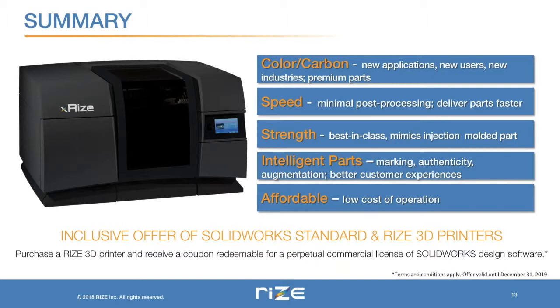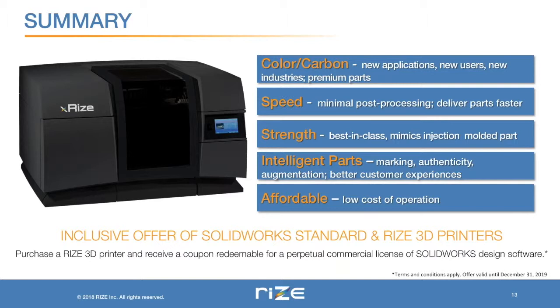Also, the speed offered by our minimal pre and post processing allows parts to be produced and delivered much faster than other technologies. Our strength is quite high, especially compared to other thermoplastic extrusion technologies in the Z-axis, and because of this, we are capable of performing effectively in a wider variety of strength critical applications.